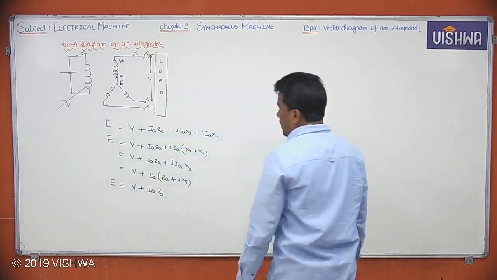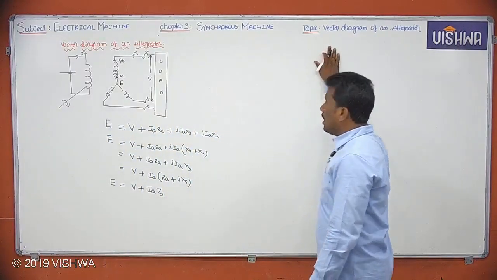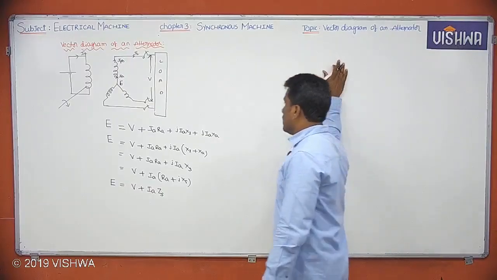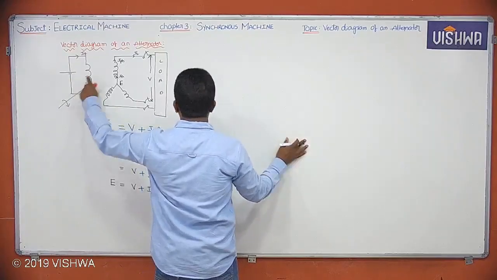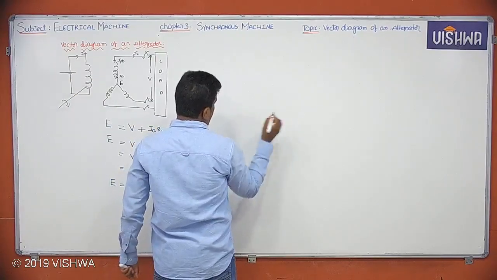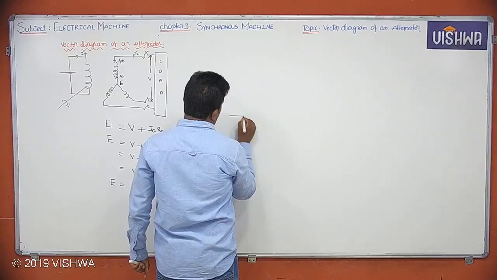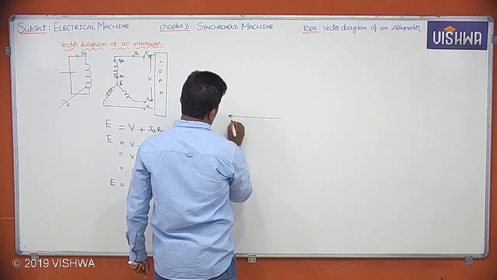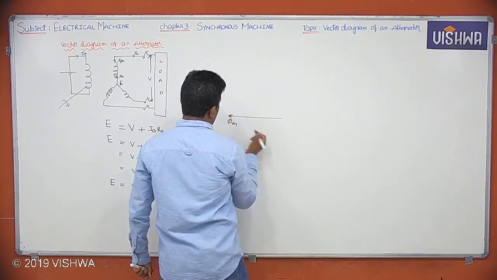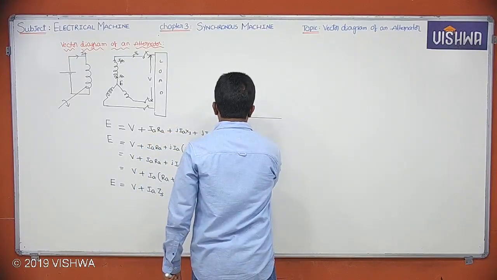From this equation, let me draw the vector diagram of an alternator. Whenever DC supply is given to the field winding, flux will be produced. That can be called the main flux, phi m.